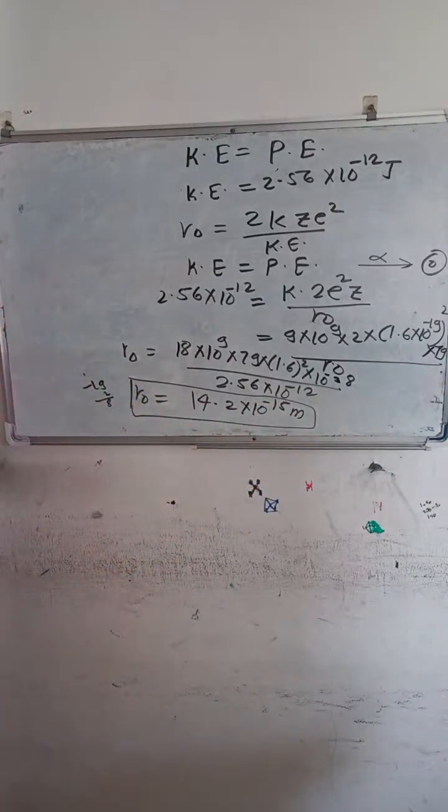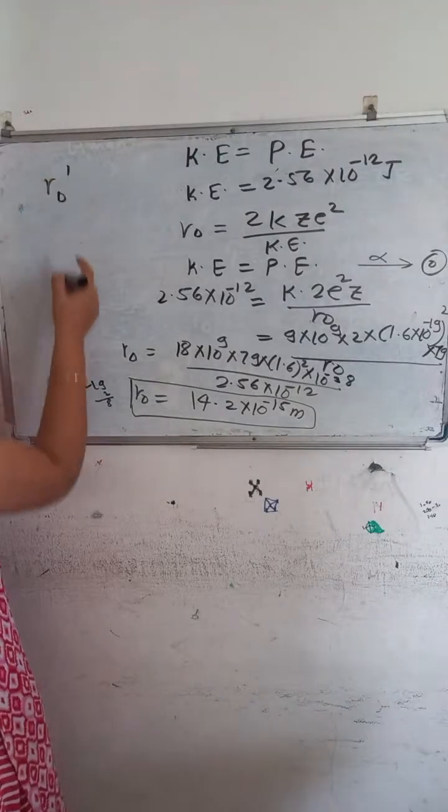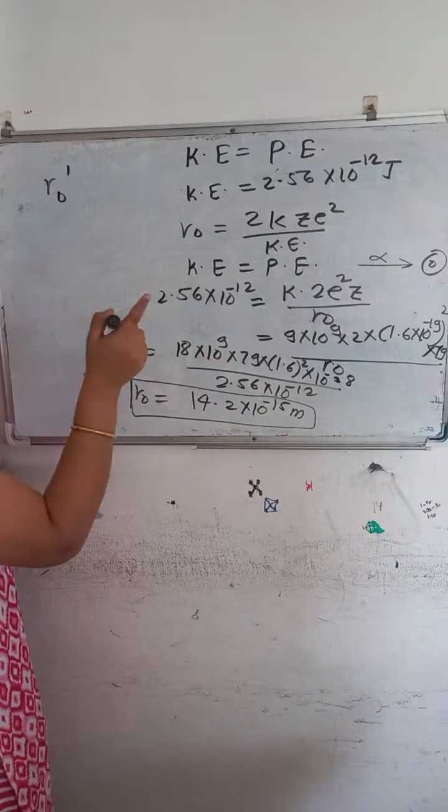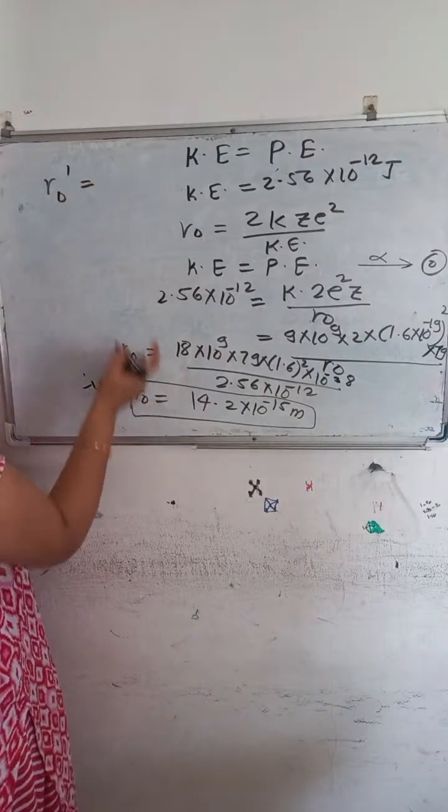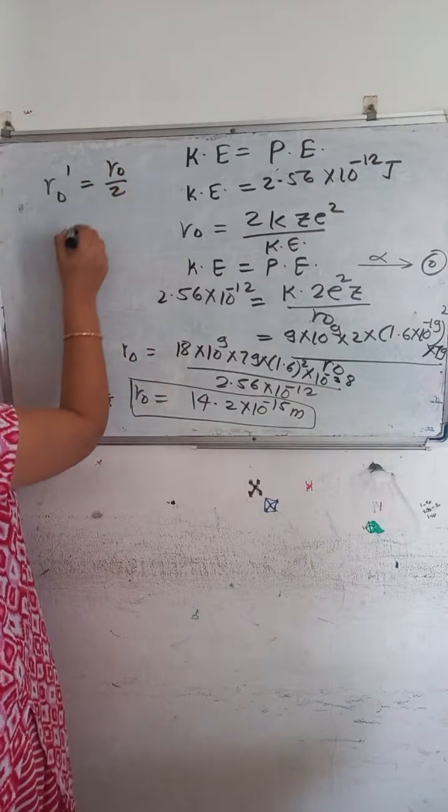In the second part they are asking, the same experiment is performed with the same energy, what is the value, but here the alpha particle is replaced by the proton. If we repeat the same experiment with the same energy, the distance is halved.